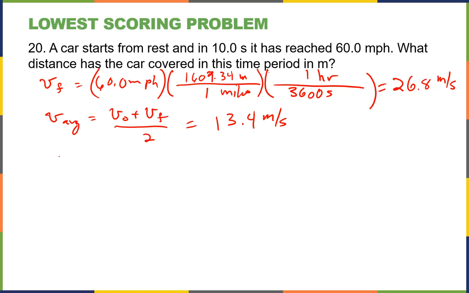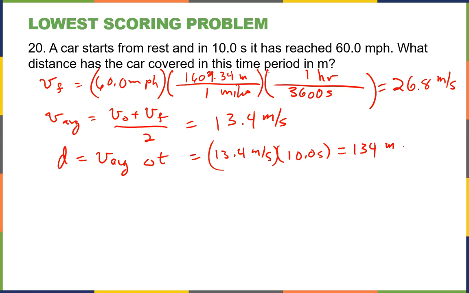And so finally, we have distance is equal to V average delta T is equal to 13.4 meters per second multiplied by 10 seconds equals 134 meters per second. No, just meters. Oops, yes, just meters. Thank you, sir. I did it totally different. There's lots of different ways you can do it. There's nothing wrong with doing it totally different if you did it correctly.